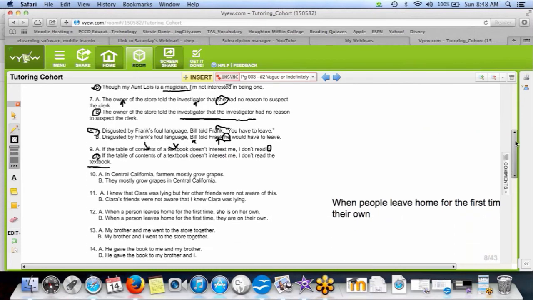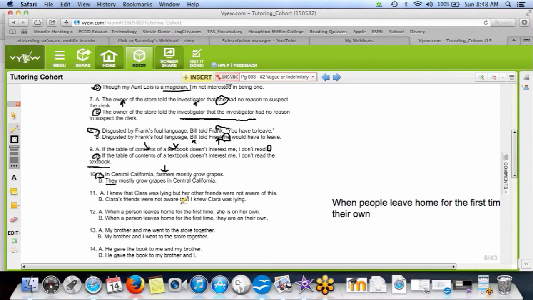Okay. In 10, correct answer is A because it tells us who grows grapes: farmers. And in B, "they" is the vague pronoun. Who grows grapes in Central California? Farmers, store owners, cows? Who is it? We don't know, right?